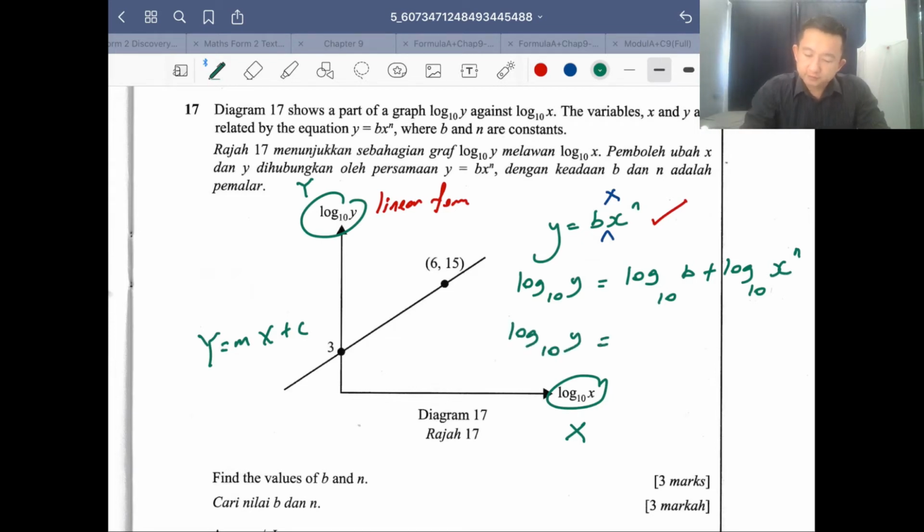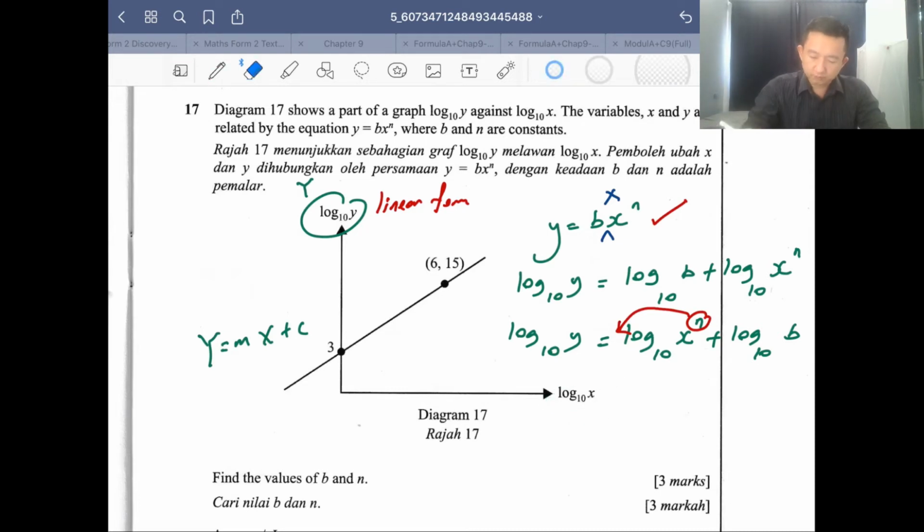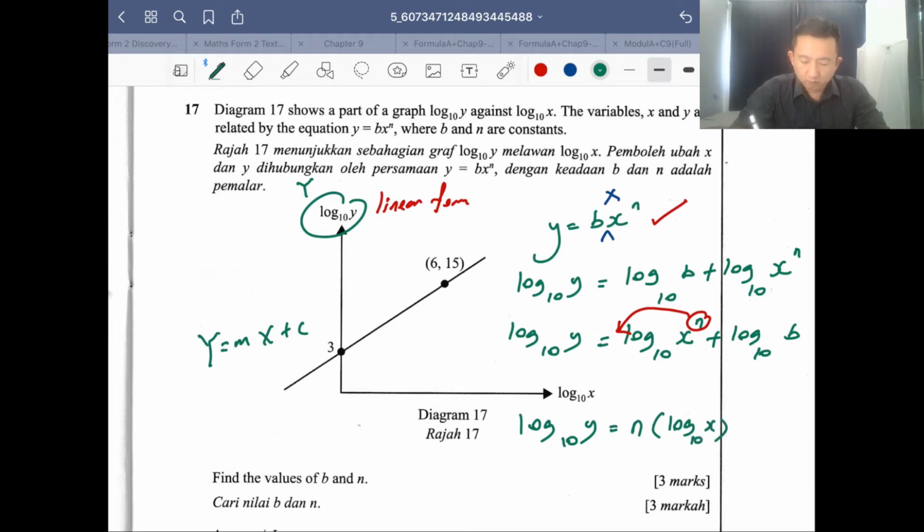Change places. This power, you can put it in front. Do you recognize y equals to mx plus c?